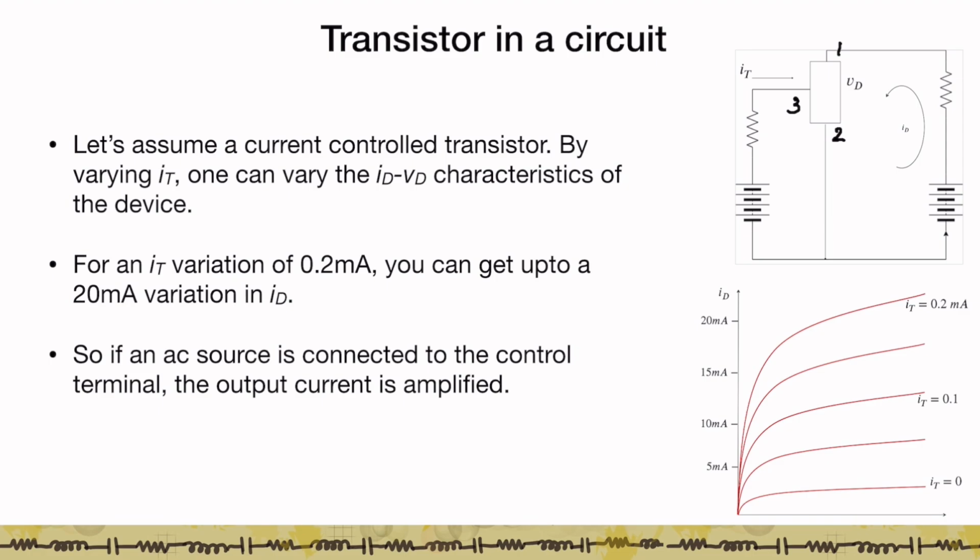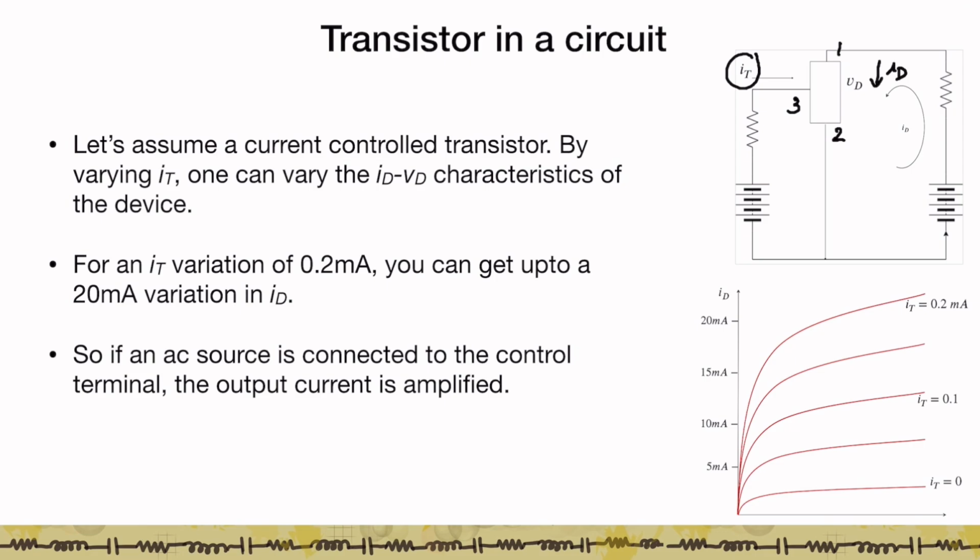So the current flowing in terminal 3 controls what's happening between 1 and 2, right? So if I assume this is a current control transistor, by varying the value of IT, by varying this current that's flowing into this terminal, I can change how my output current, this current ID, looks.